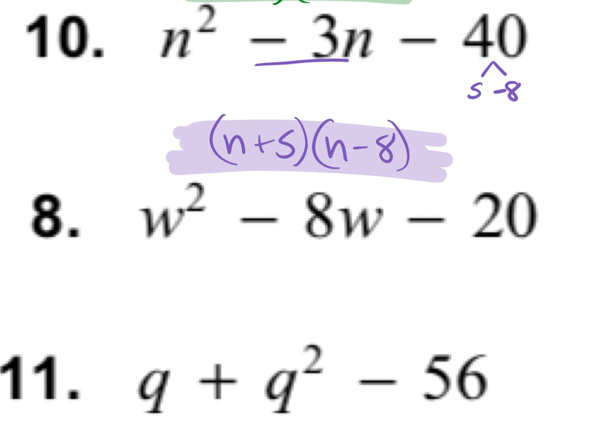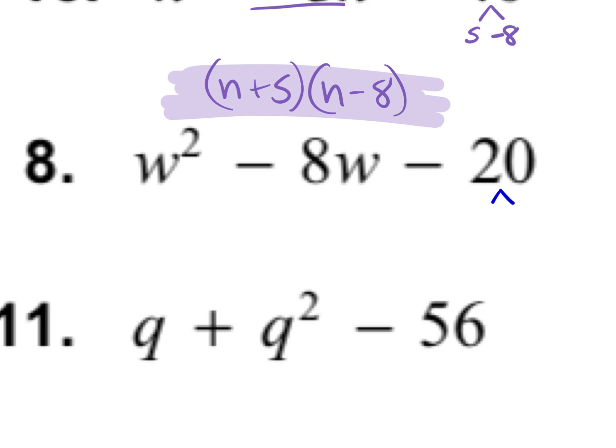All right, 18. What are two factors of negative 20 that add to negative 8? 2 and 10. Which one's negative? 10 is negative. Perfect. So what would go into the parentheses? W plus 2 and W minus 10.